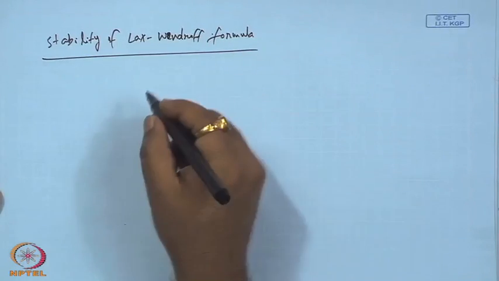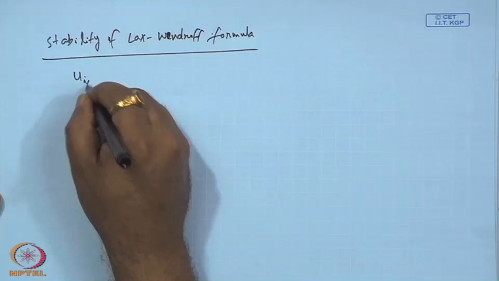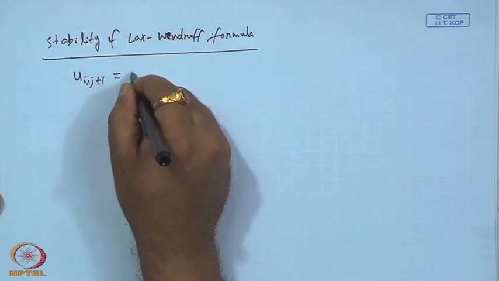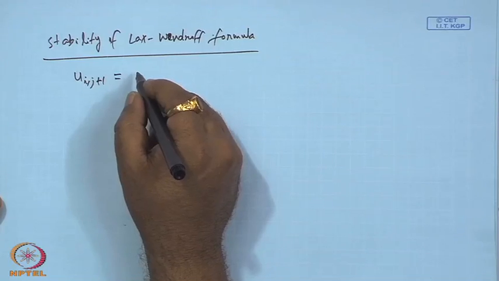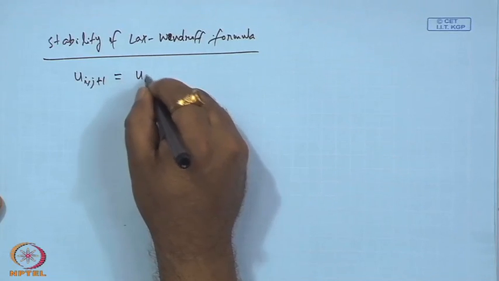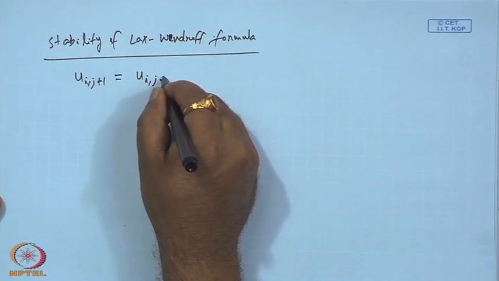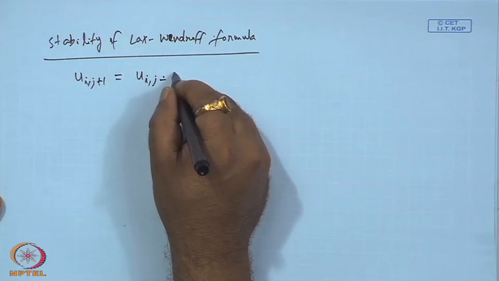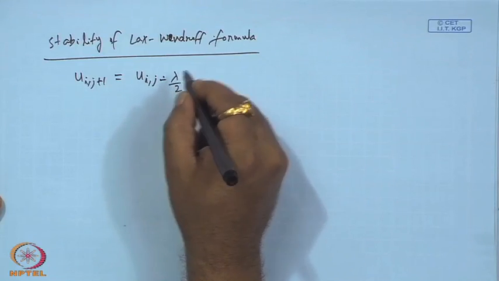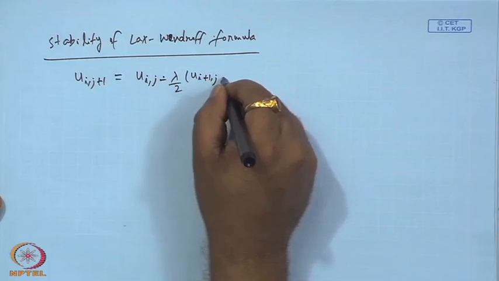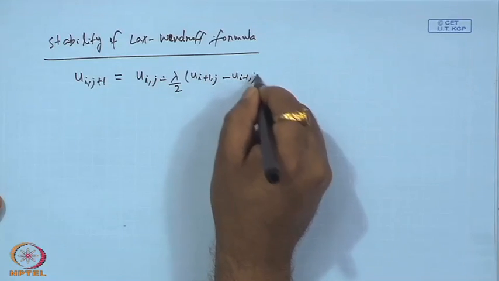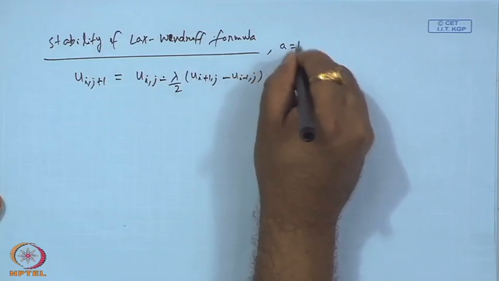Formula or method, whatever. Uij minus... so we have considered a equals to 1.